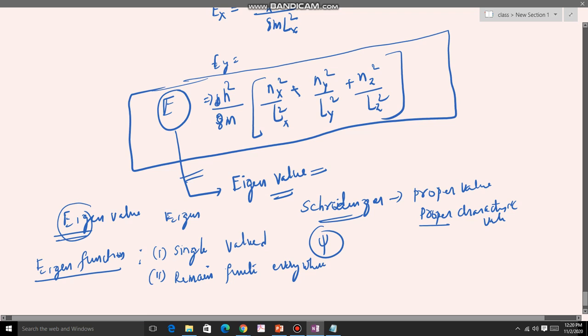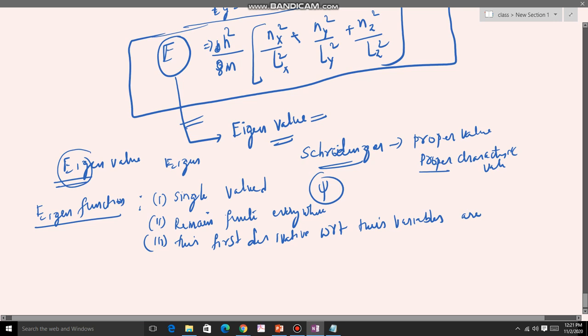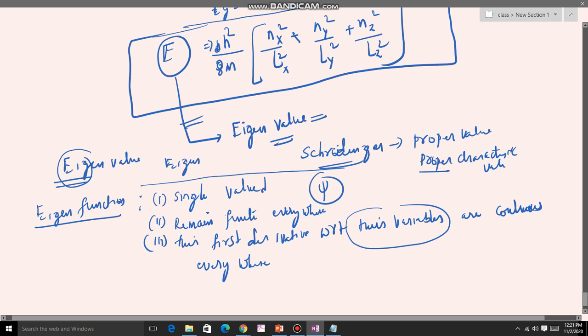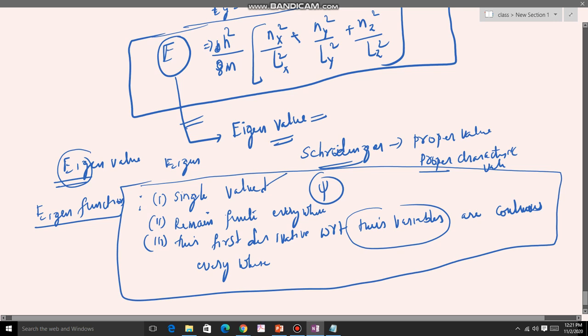And the third is that their first derivative with respect to their variables is continuous everywhere. The functions which satisfy all these conditions, single valued, finite everywhere, and with first derivatives with respect to their variables continuous everywhere, are called eigen functions.